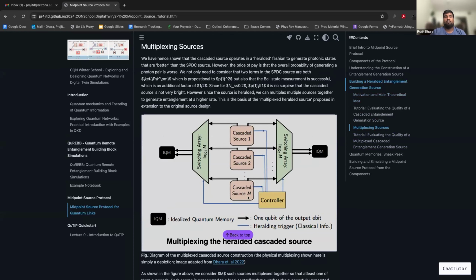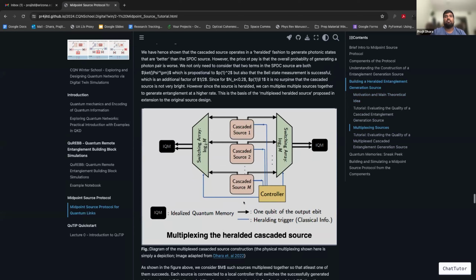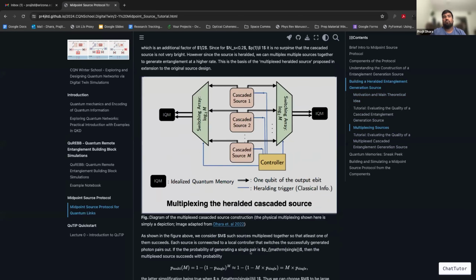If I have a sufficiently high number of these, I can pretty much take the probability of success as close to 1 as I want. So if the probability of successfully triggering each of these sources is P single, meaning that I pump it in such a way that I'm getting P single probability of generating that state S every attempt, and I have M of them, I want at least one of them to succeed.